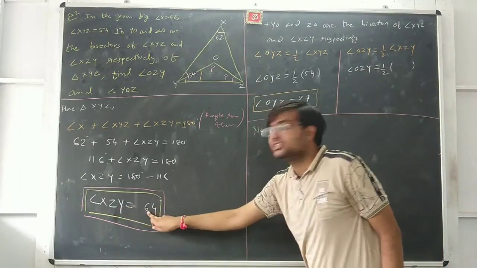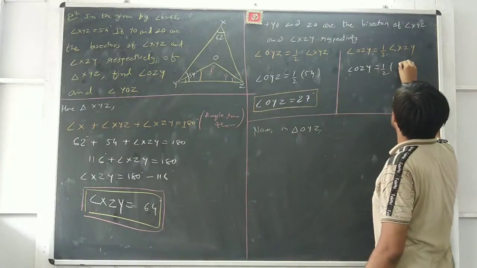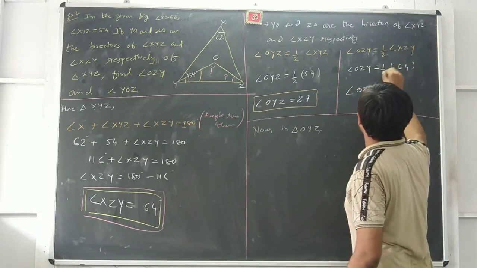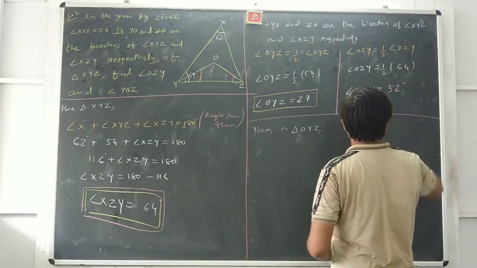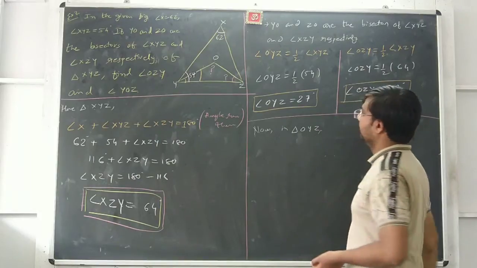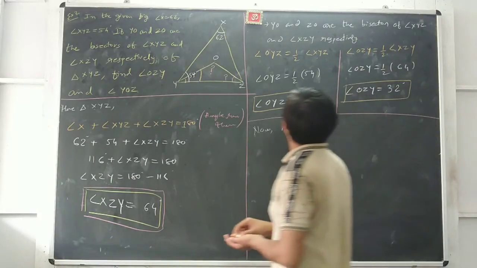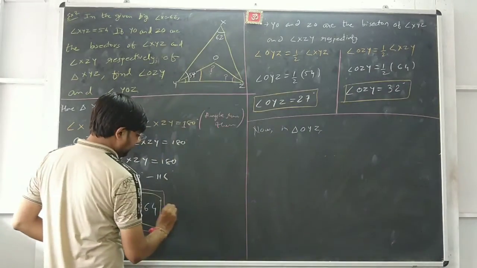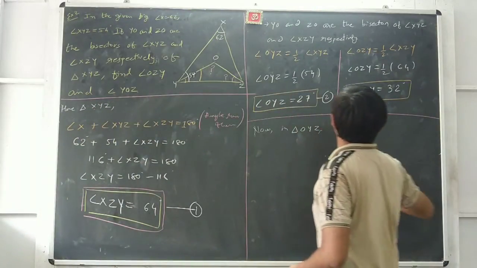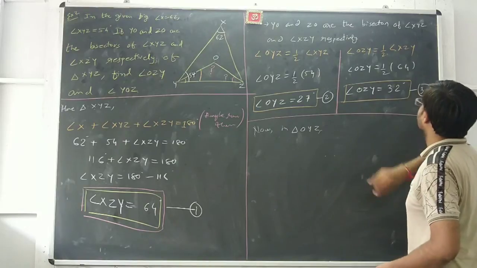Here XZY is 64. Then OZY is equal to 1 by 2 of 64, which is 32. Okay, this is our second answer. I can give the equation names: equation number 1, equation number 2, and equation number 3.